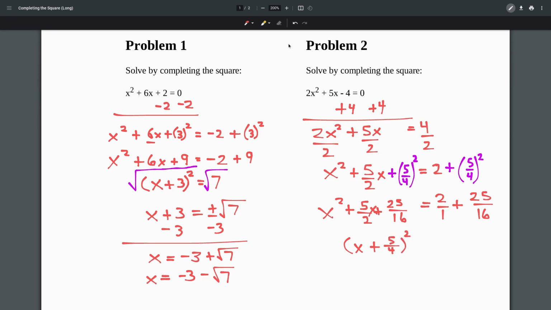And then on the right hand side we've got to get a common denominator, so I'm going to multiply 2 by 16 and 1 by 16. So I'm multiplying by 16 over 16. And so it's going to be 2 times 16 is 32 plus 25 is 57. So we got 57 over 16.